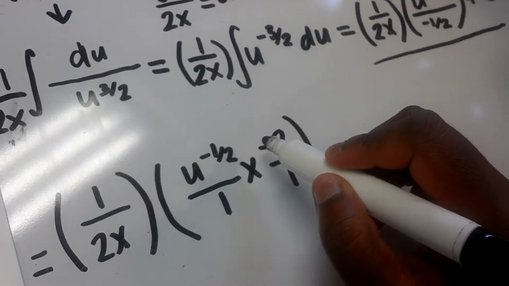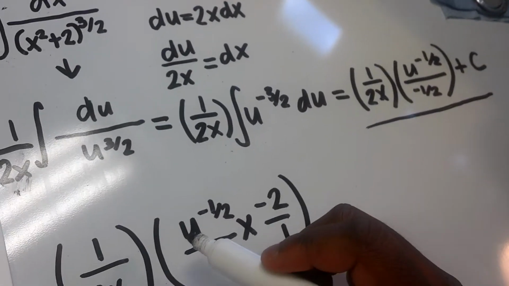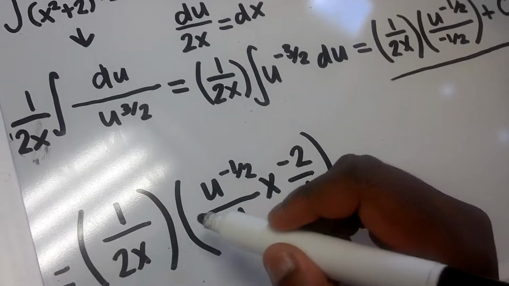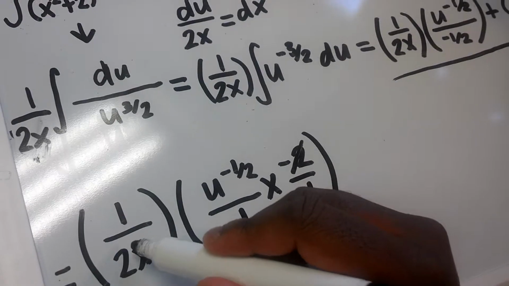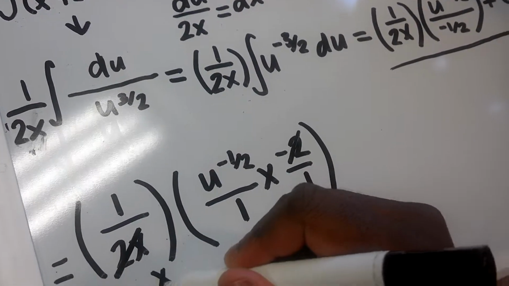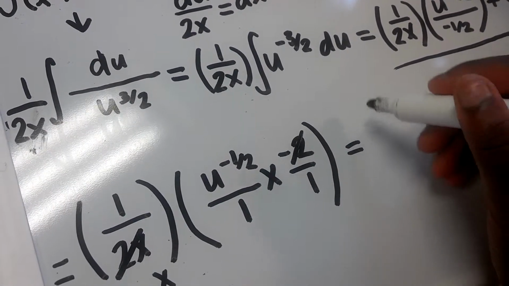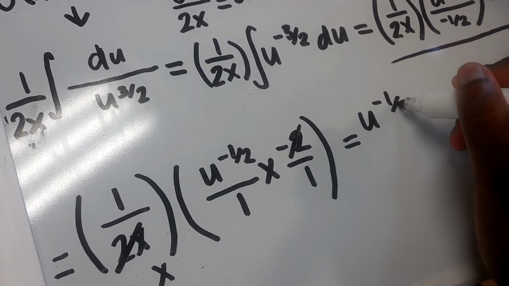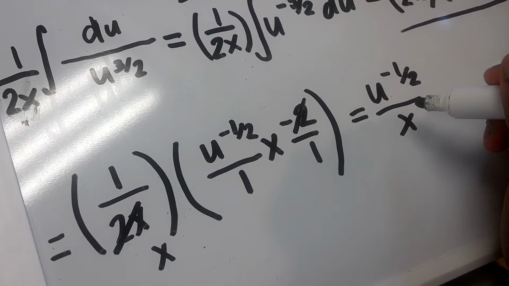If you see, we have a negative here and we have a negative here. We have a 2 here and a 2 here, so we're going to cross out these 2's. We still are left with the x here. So now we have u to the negative 1/2 over x.